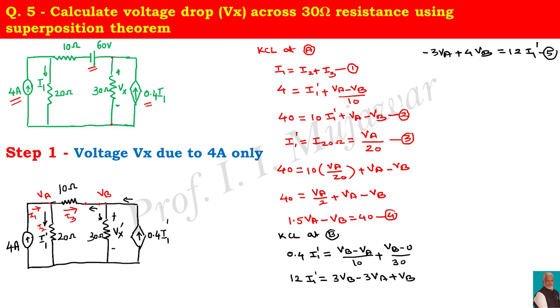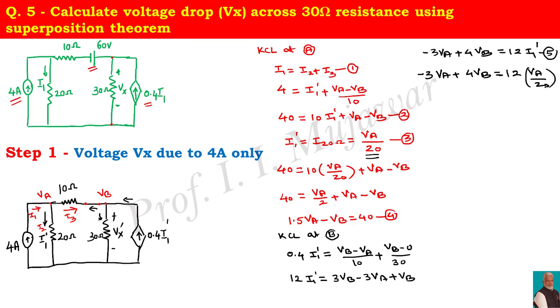So I1 dash is nothing but VA by 20. That means if I use equation 3 in 5, the equation becomes minus 3VA plus 4VB is equal to 12 VA by 20.